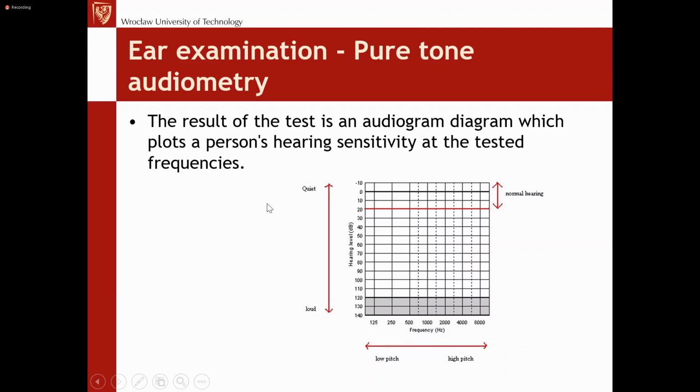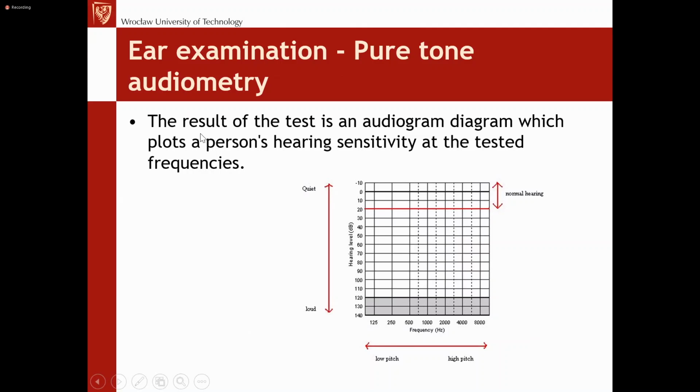And so the result of the test is called an audiogram, and this is a diagram which plots a person's hearing sensitivity at the tested frequencies.